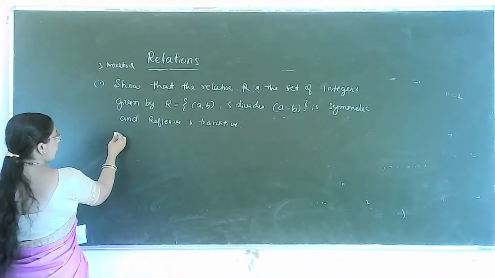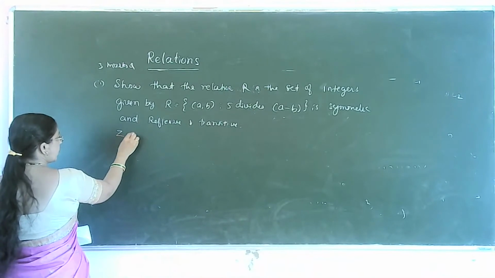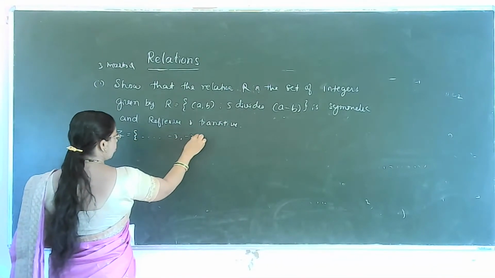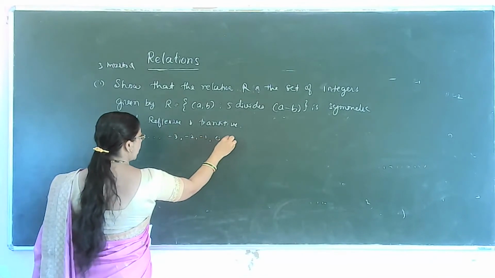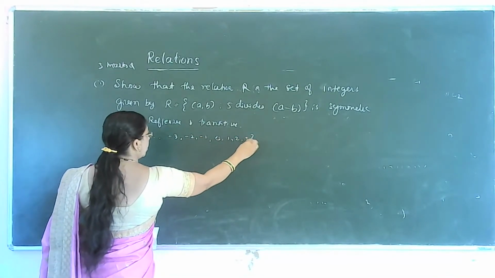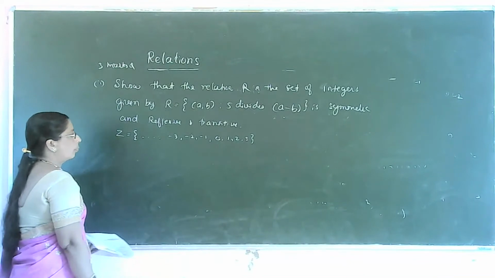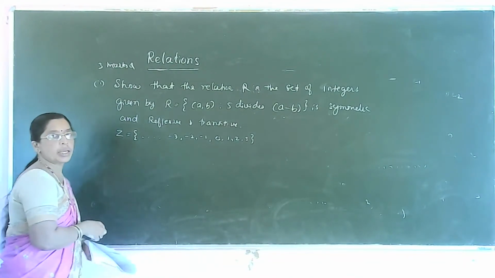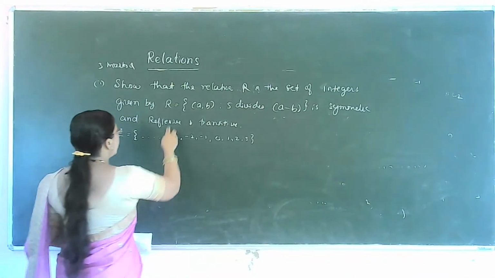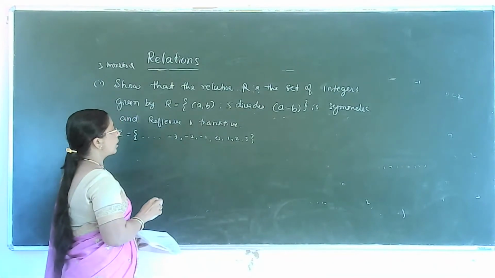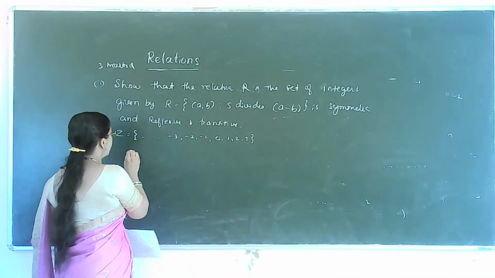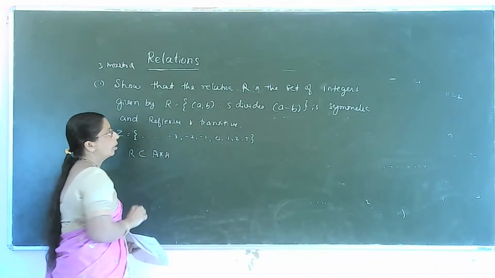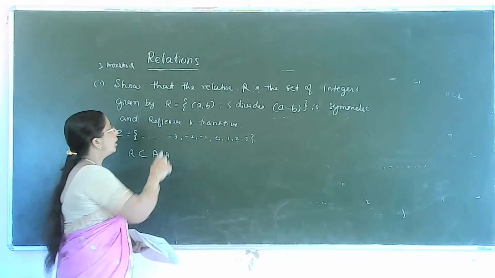Here, first of all, it is the set of integers. Set of integers means -3, -2, -1, 0, 1, 2, 3. You already know about the set of integers. Here R is a subset of A cross A. You know about the relation.